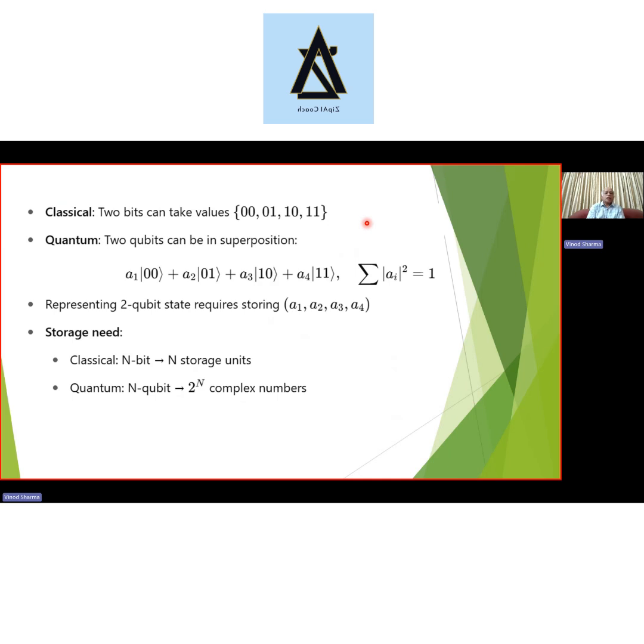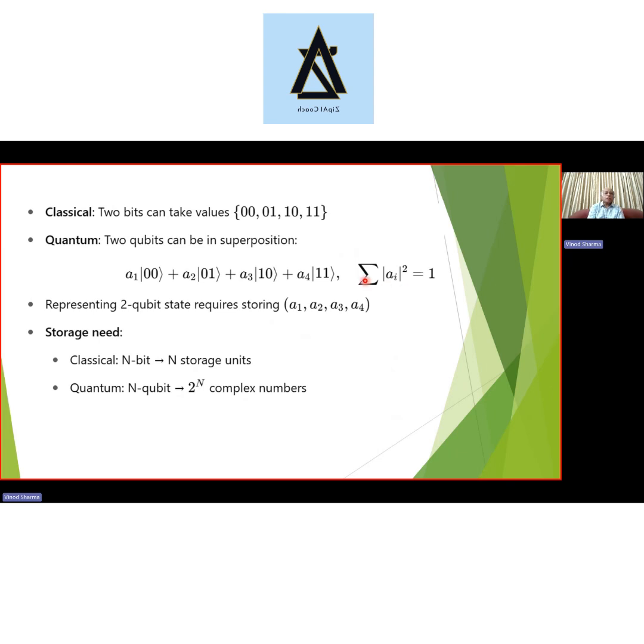With classical bits, if there are 2 bits, then they can take values 00, 01, 10, 11. Two qubits can take values as a superposition of these states 00, 01, 10, 11. So the superposition is A1|00> plus A2|01> plus A3|10> plus A4|11>, where A1, A2, A3, A4 are complex numbers and they satisfy that the summation of mod A squared is equal to 1.